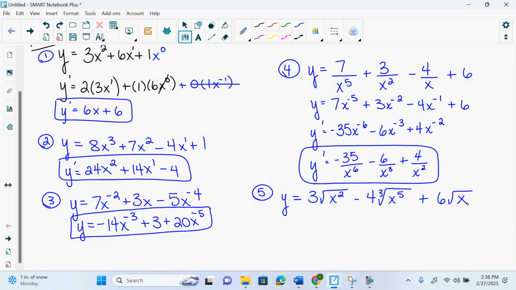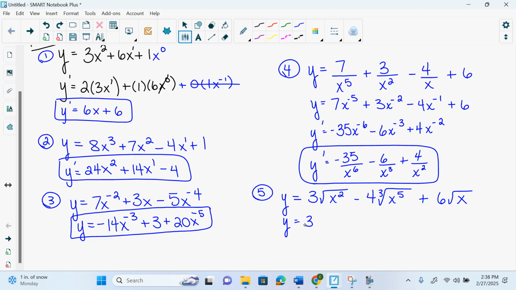In this current form, these do not screen power rule. But once again, we got to go back to grade 10, just like we did in the previous one. We made those variables in the bottom up. These we have to convert them to rational exponents. Okay? So, we're going to have y equals 3.